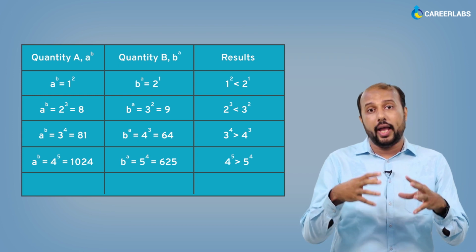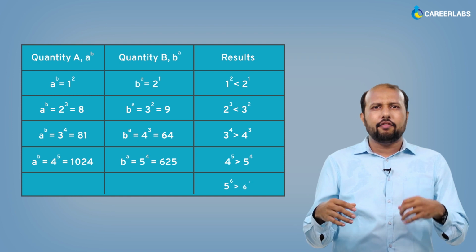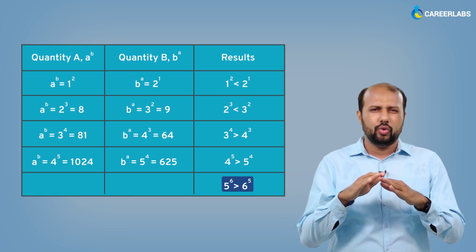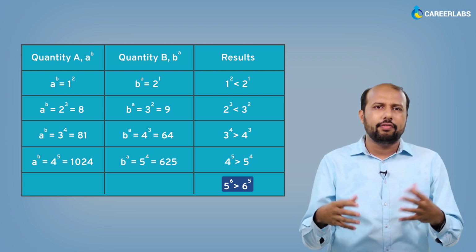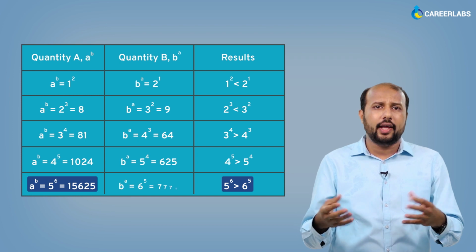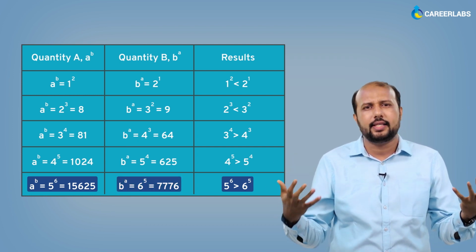It's a win for A power B now over B power A. Now we can surely say that 5 power 6 is greater than 6 power 5. Do you doubt it? No need to, because the value of 5 power 6 is 15625 and 6 power 5 is 7776. Obviously 15625 is greater than 7776.